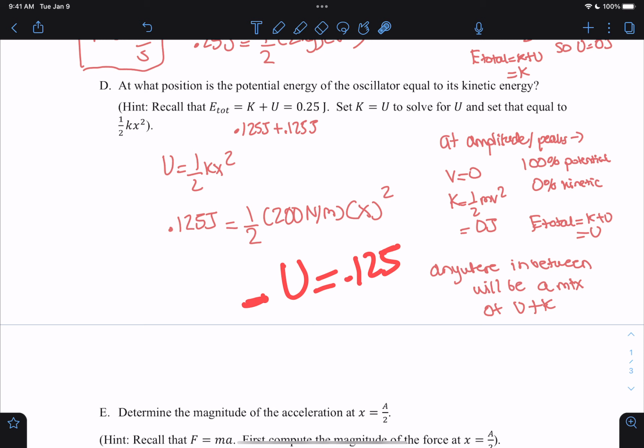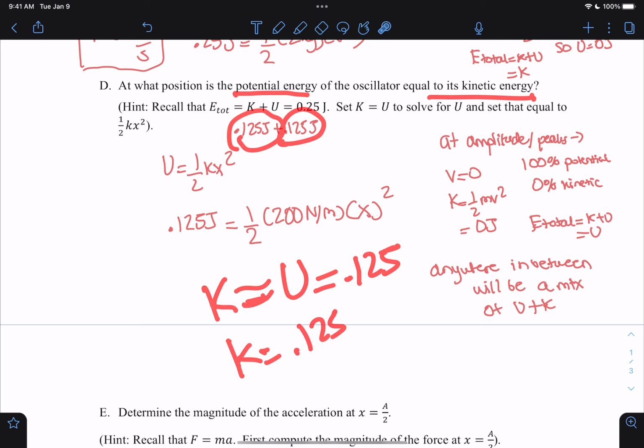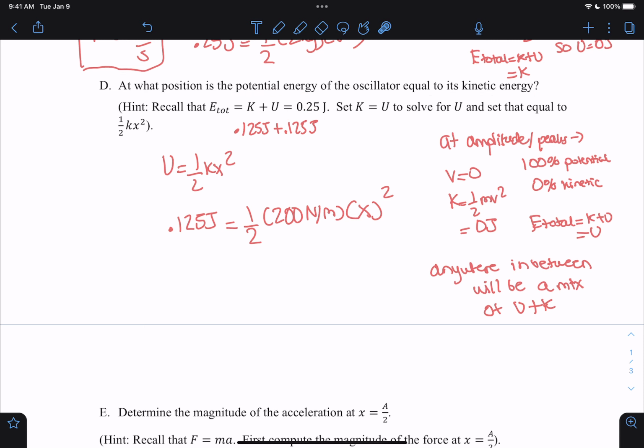And since U is equal to K, like they told us in the problem, K is also equal to 0.125. So you can see 0.125 plus 0.125 gives us 0.25 joules. That's the energy conserved. And then we can use this equation here to figure out the exact distance away that would give us that amount of energy, that energy combination.